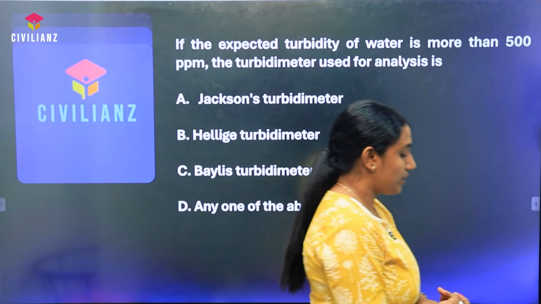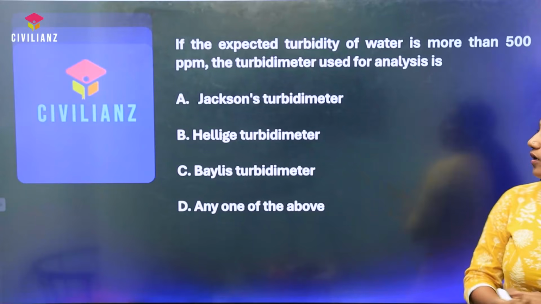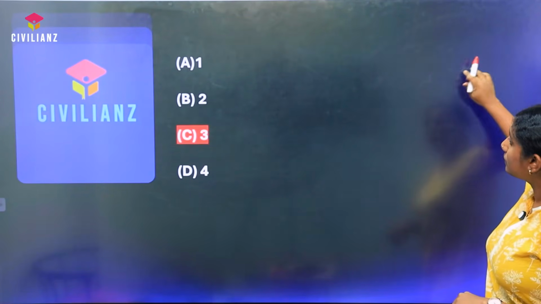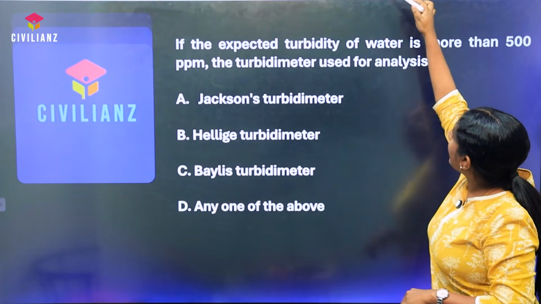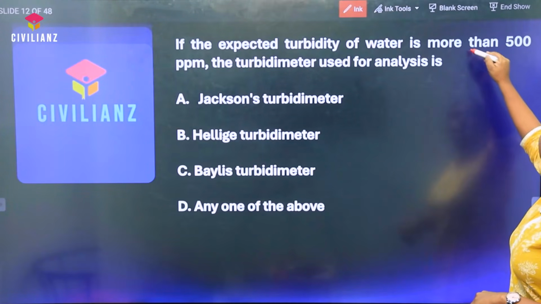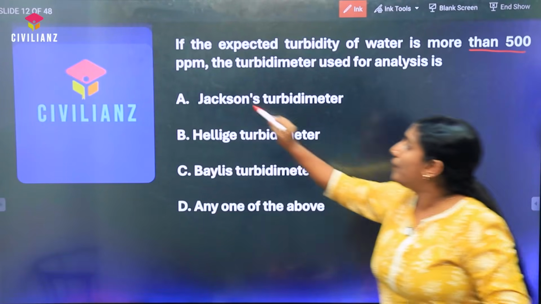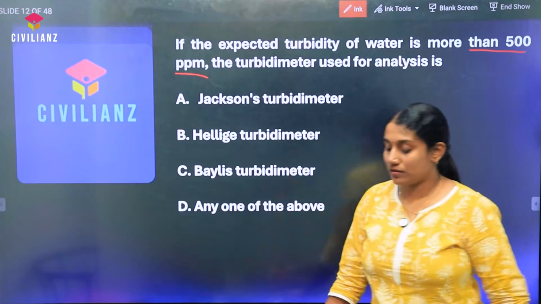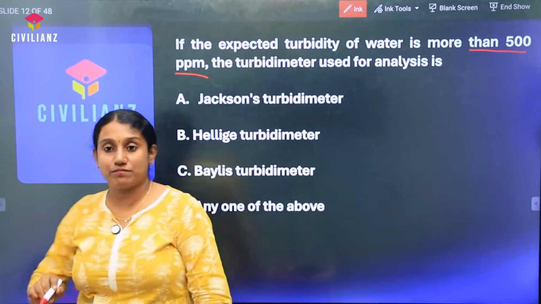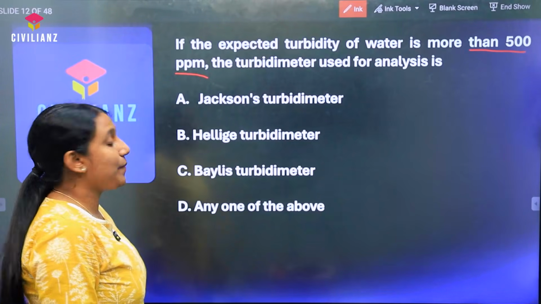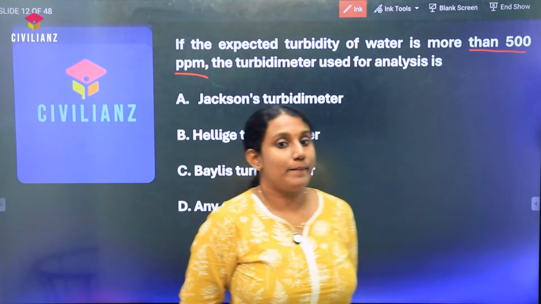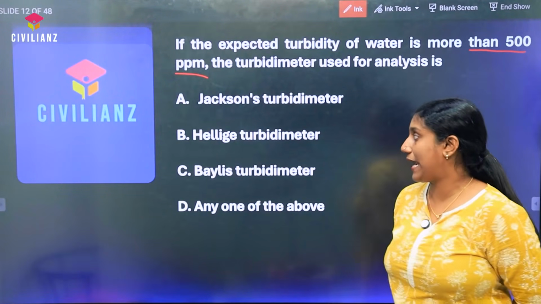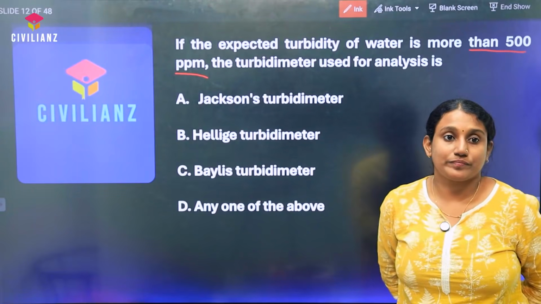You should focus on the range. They have already mentioned a range of 500 ppm, and in the options there are 3 types of turbidity meter. Please answer option A, option B, or option C.